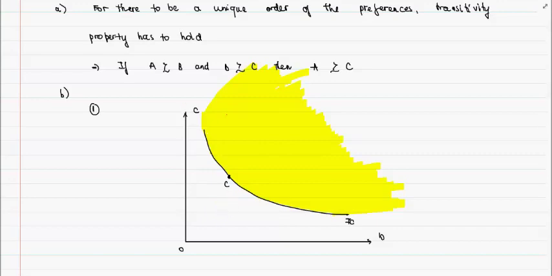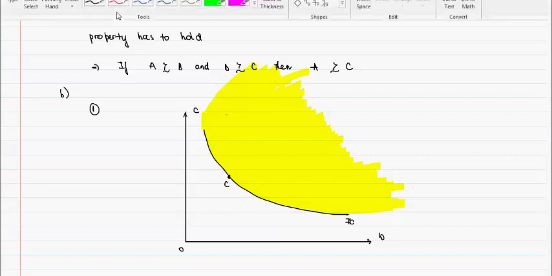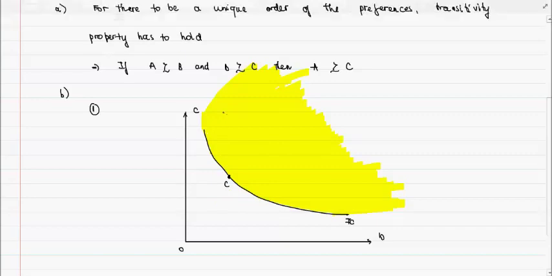So for example, I have another indifference curve over here, indifference curve 2, and I have bundle B over here. This bundle B is in the preferred set of C, which satisfies the requirement in the question.